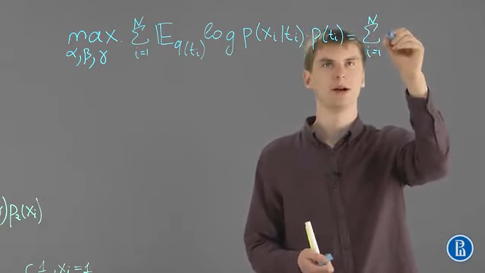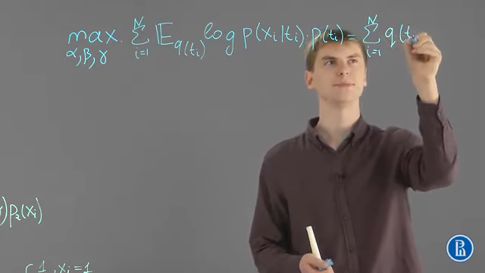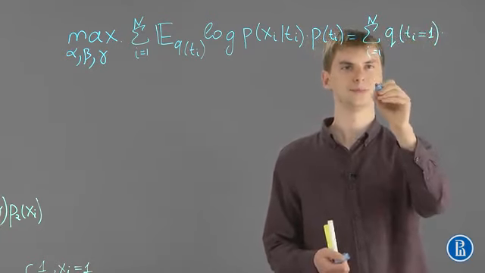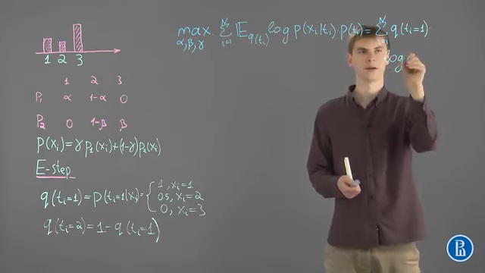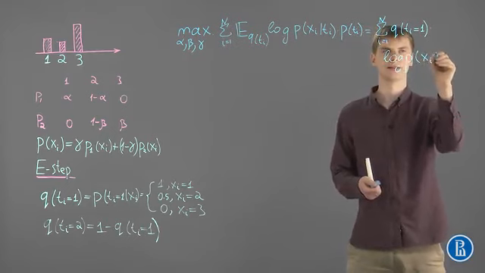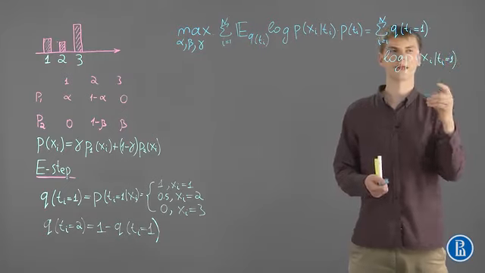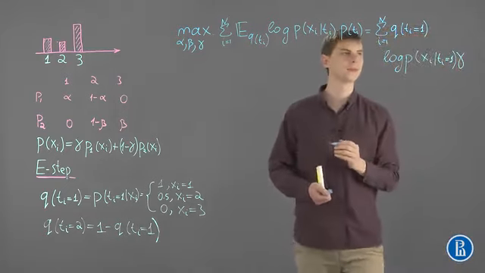Here will be the weight, the probability Ti equals 1, times the logarithm of P of Xi given Ti equals 1, times the prior. And the prior here is just gamma, so probability of Ti equals 1.